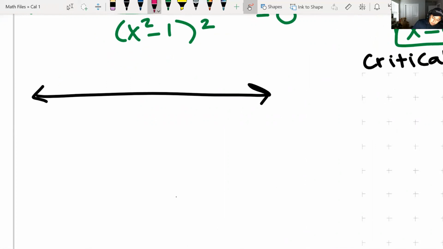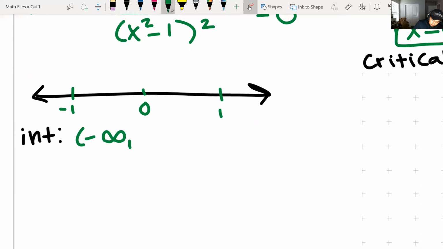And I'll plot my critical numbers: -1, 0, 1. All right. And then intervals.